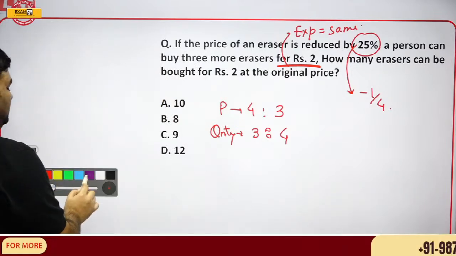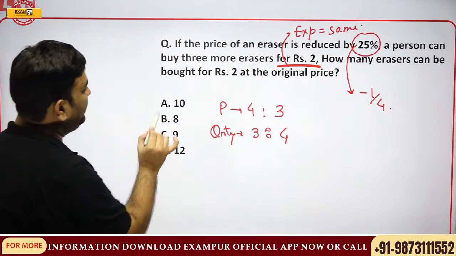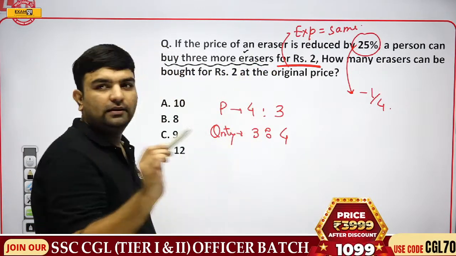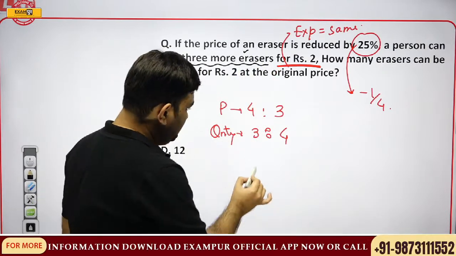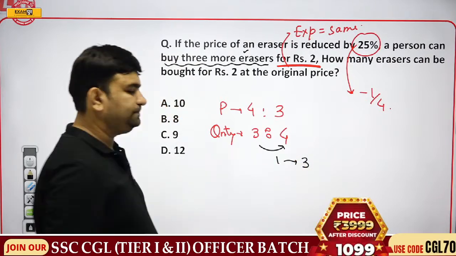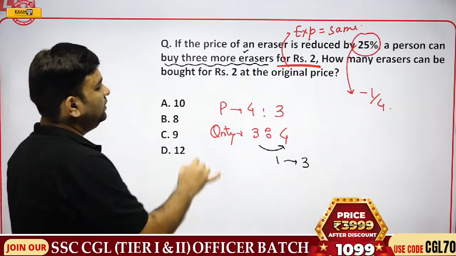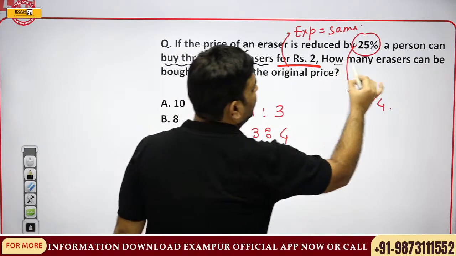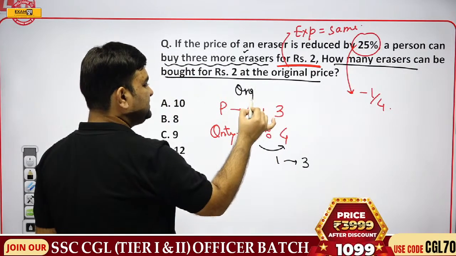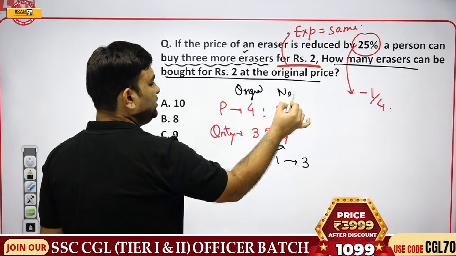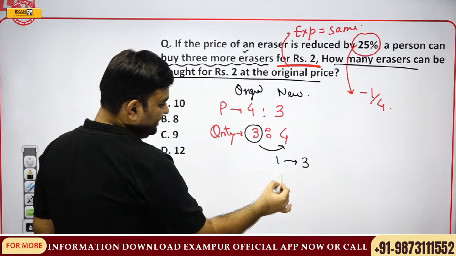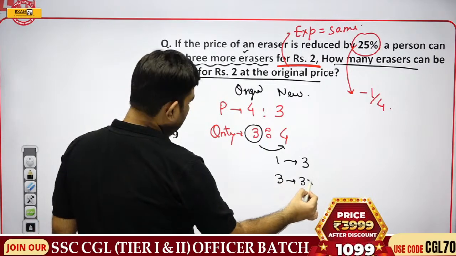Now, what is the change that happened in the quantity? He can buy 3 more erasers now. So quantity according to the ratio is increasing by 1, which is equal to 3. This is your original price and this is your new price. So original quantity is 3 units. If 1 is 3, then 3 is 3 into 3, 9.